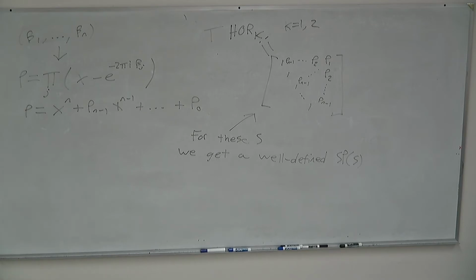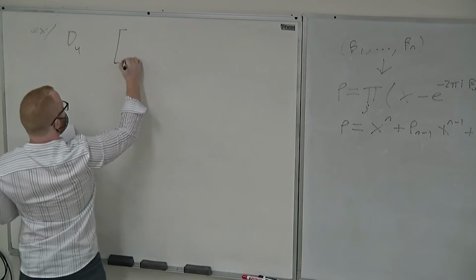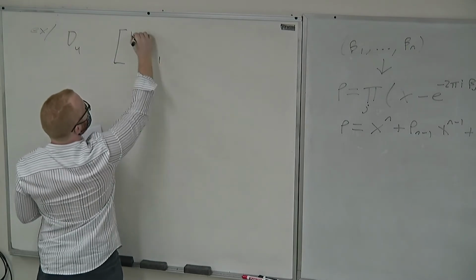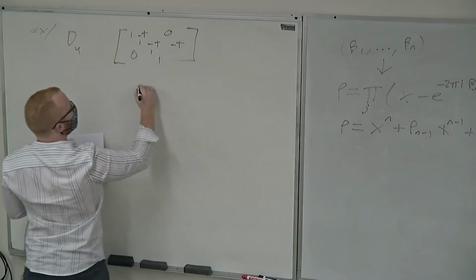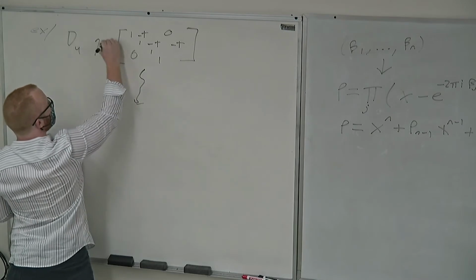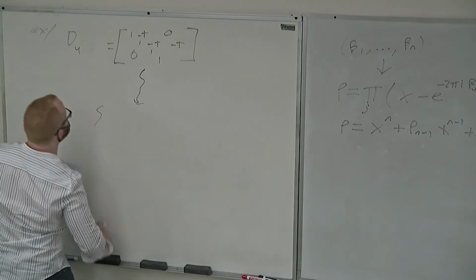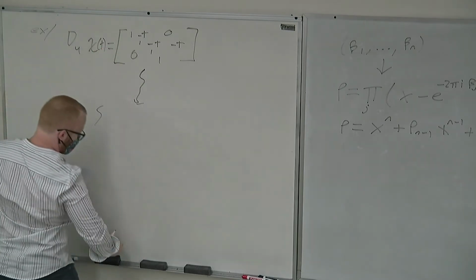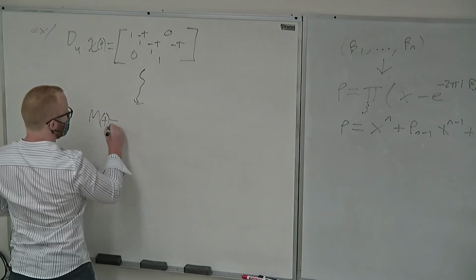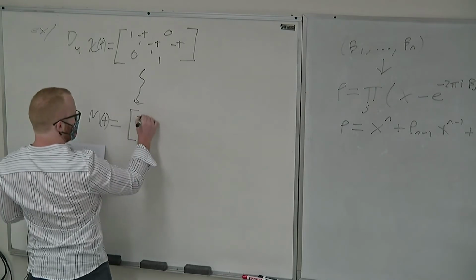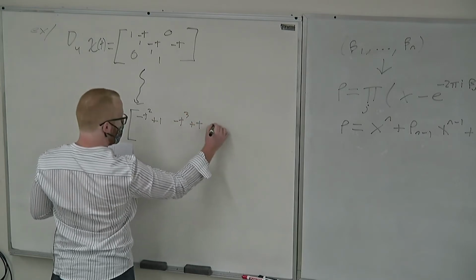So let's look at our example. So we've got D4. And say I just took what I consider to be a very natural parameterization. This is my chi of t, I suppose. So this m of t is going to be equal to negative t squared plus 1, negative t cubed plus t, t squared.